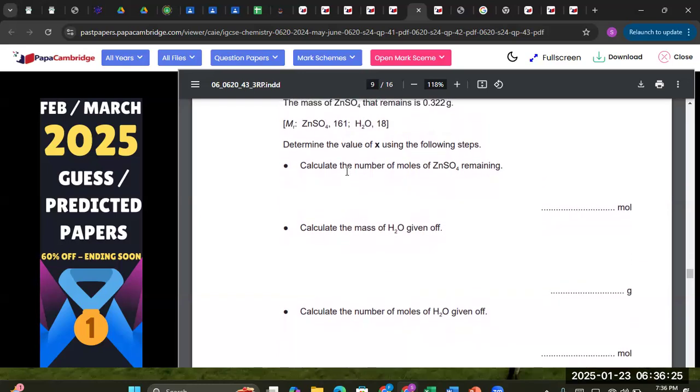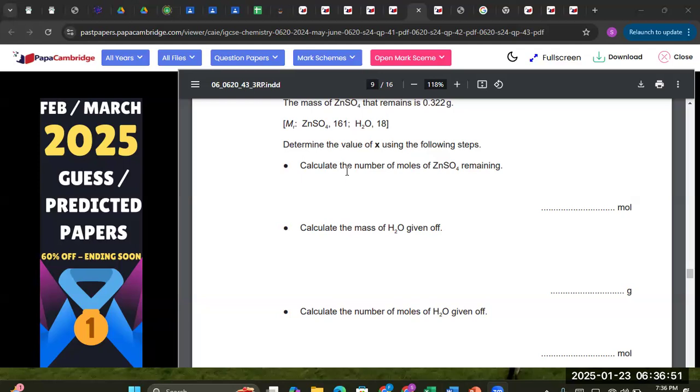Now you have to find the moles of water given off. Also, you would just divide the mass of water by the molecular mass.